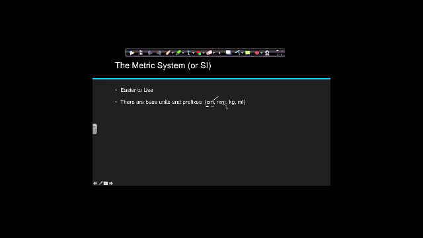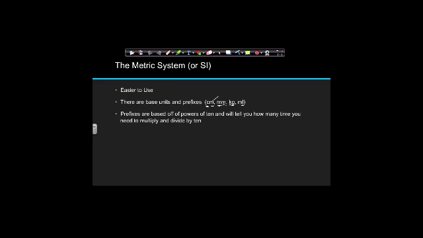Here, our base unit is again the meter, and this is our prefix, milli. In this case, our base unit is the gram, and our prefix is kilo. And here, our base unit is the liter, and our prefix is milli again. Okay, so the base unit will always come second. The prefix will come first.